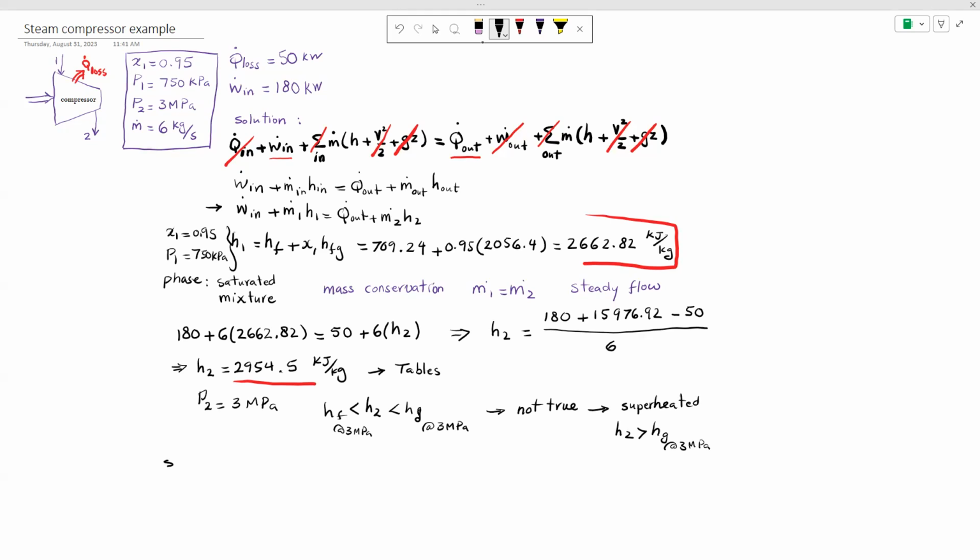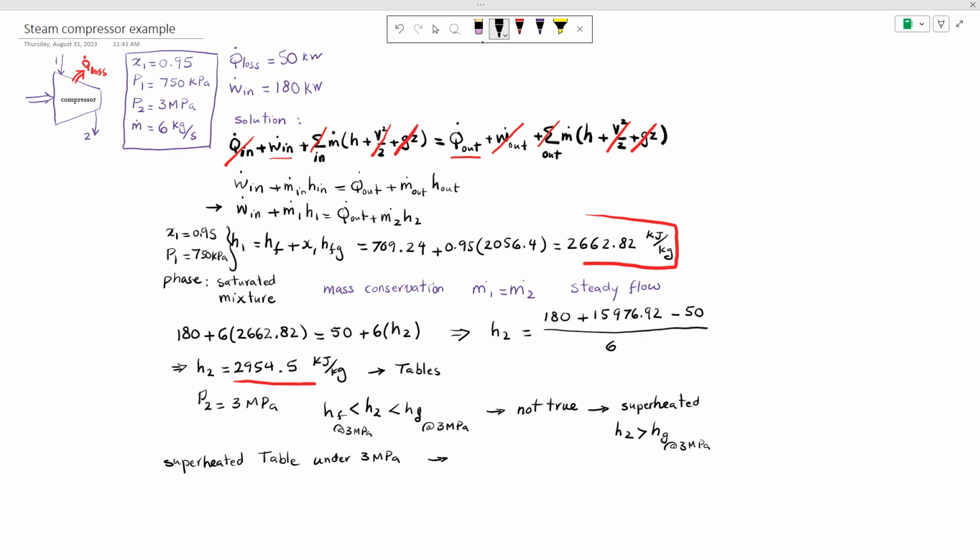Now we need to go to the superheated table under 3 megapascal and look for H2, which is 2954.4.